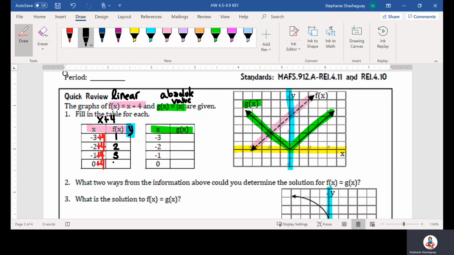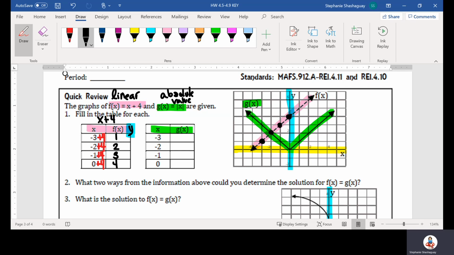And 0 plus 4 is 4. If I go over to my graph and I look at these points, when I'm at -3, I'm at a positive 1. When I'm at a -2, I'm at positive 2. -1, positive 3. And at 0, I'm at 4.